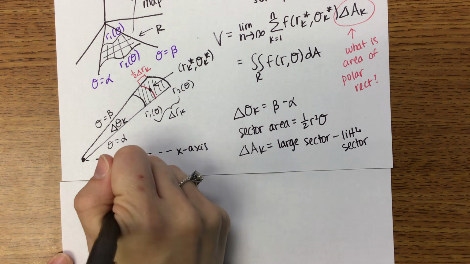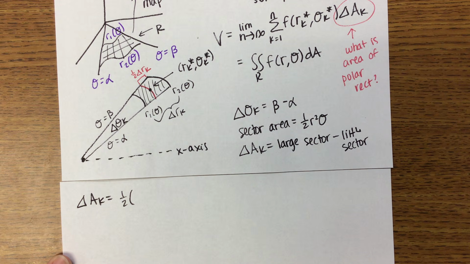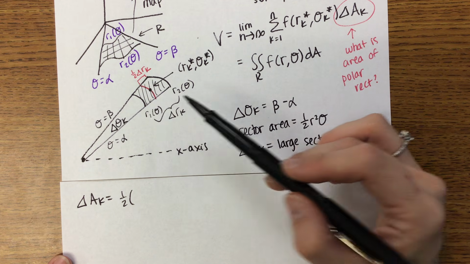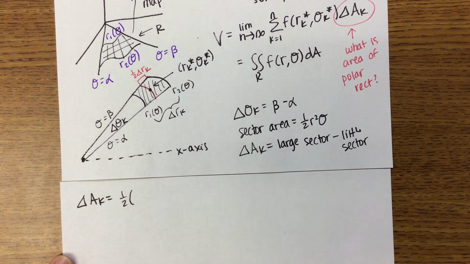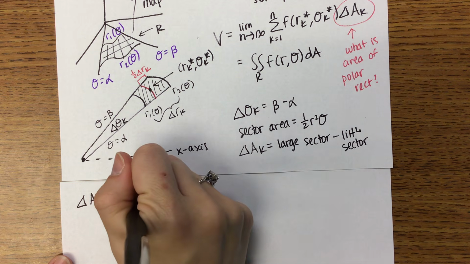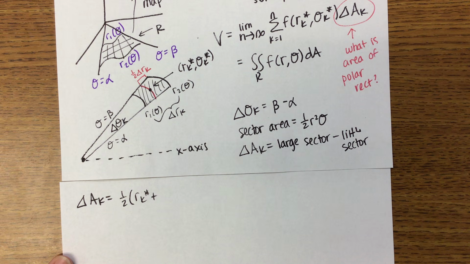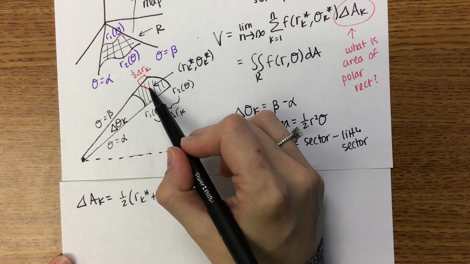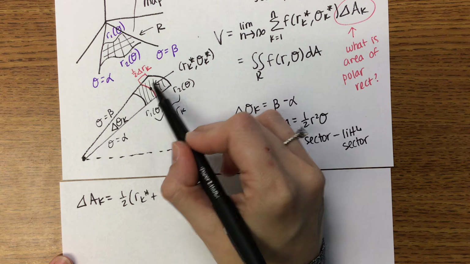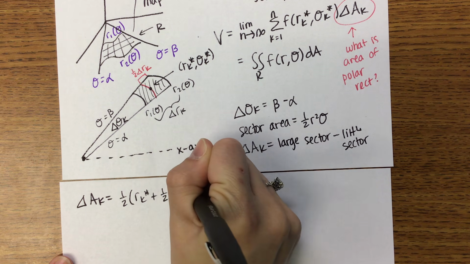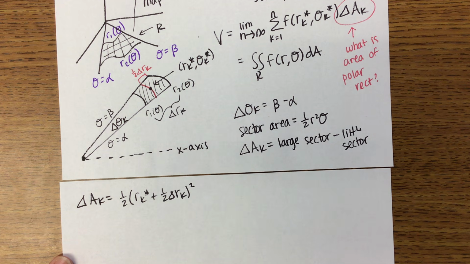So large sector is going to be 1/2 the radius. Using R2 and R1 is not going to be super helpful because then we're going to have both R2 and R1 in there. So instead we're going to do R of k star. So that'll bring me all the way up to here, and then I just need that little extra red piece. Do you guys agree that that's the radius of the large sector?